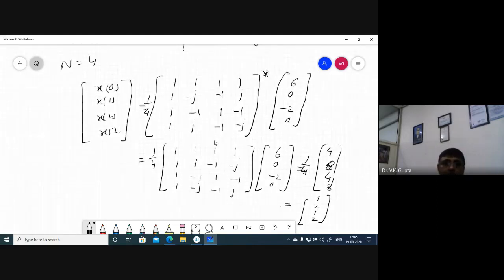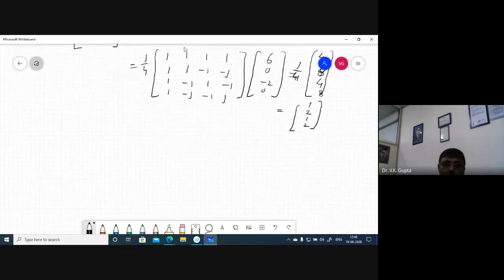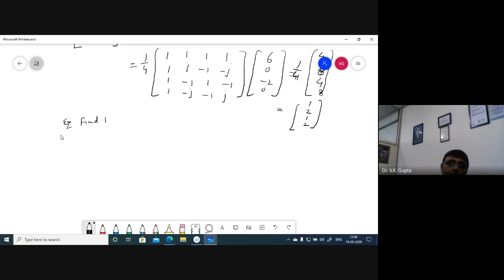Let us have another example. Find the IDFT. Find the sequence x[n] from its 4-point DFT.